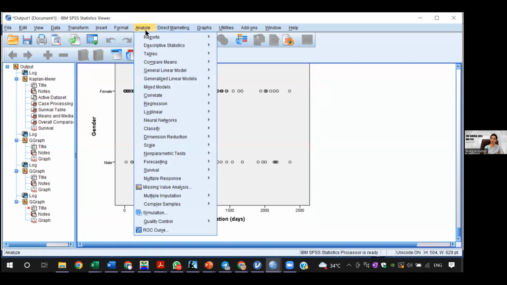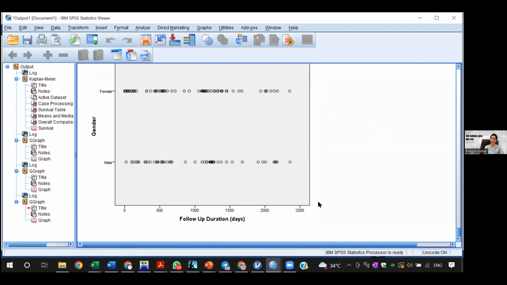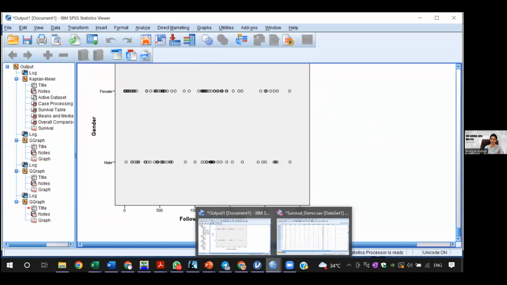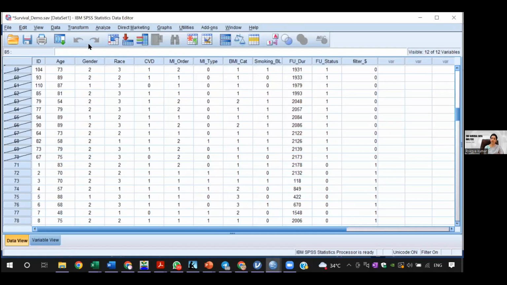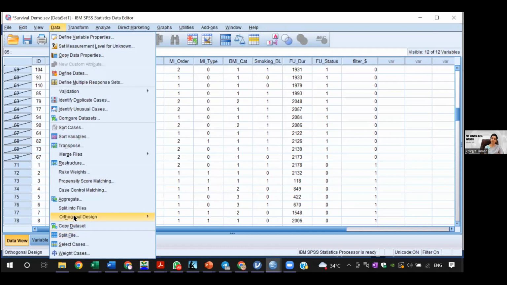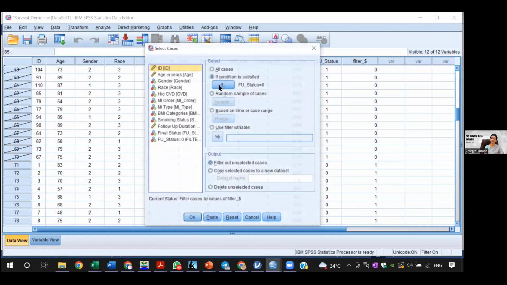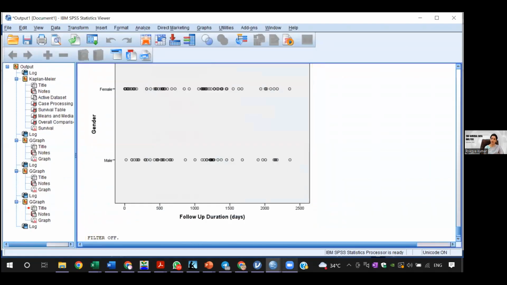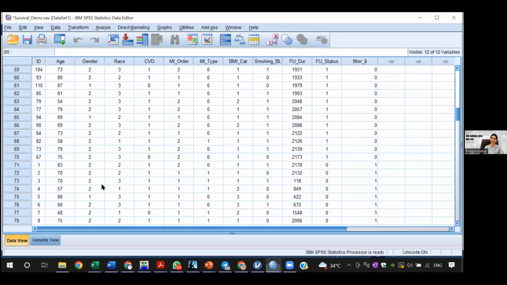So now go to Analyze. Before you go to Analyze, you need to deselect all these cases because right now you have applied a filter. So again, go to Data and Select Cases. In Select Cases, instead of this condition, click on All cases, press OK, and you will see that all cases are selected now. This got removed.